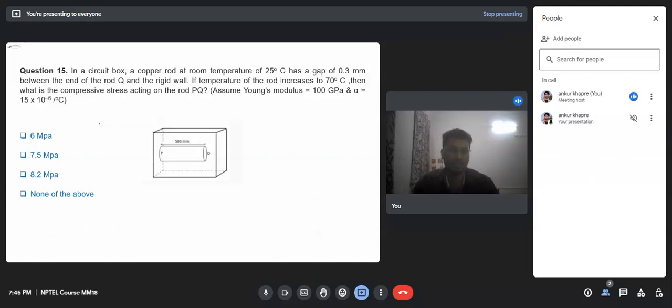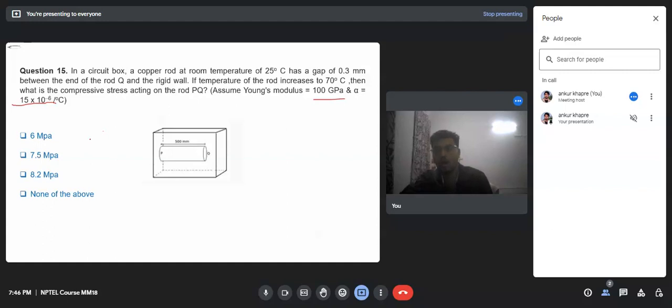If the temperature of the rod increases to 70 degrees centigrade, then what is the compressive stress acting on the rod PQ? Assume the Young's modulus is 100 gigapascal and the alpha value is around 15 into 10 to the power minus 6.